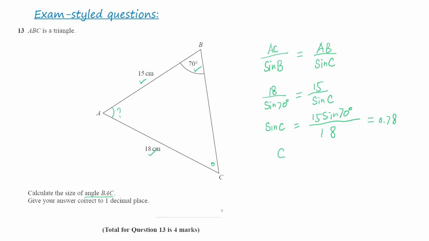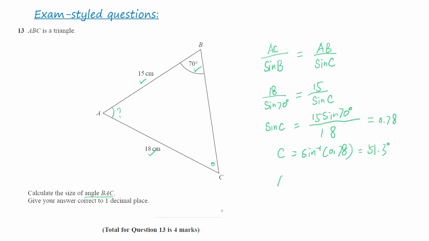Then C equals, using the calculator again, 51.3 degrees. Don't forget, we are not asked to find C, we are actually asked to find A. We know the sum of the interior angles in a triangle is 180.